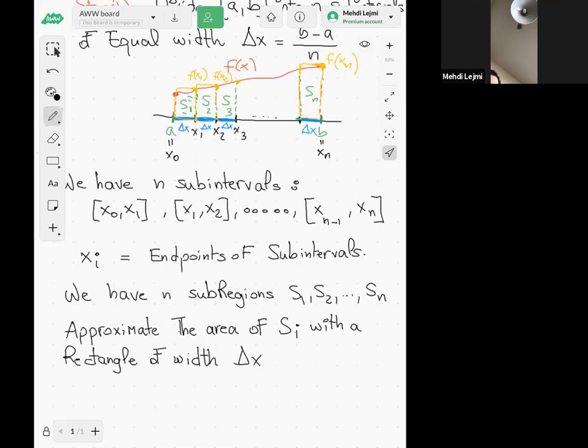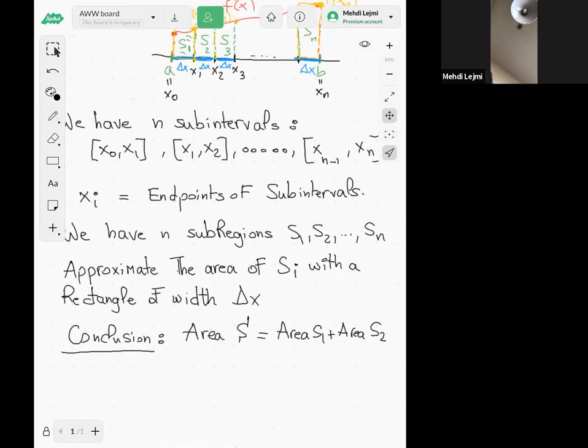So the conclusion here is that our area S is the sum of the area of S1 plus the area of S2, plus the area of S3, etc., plus the area of the subregion Sn.